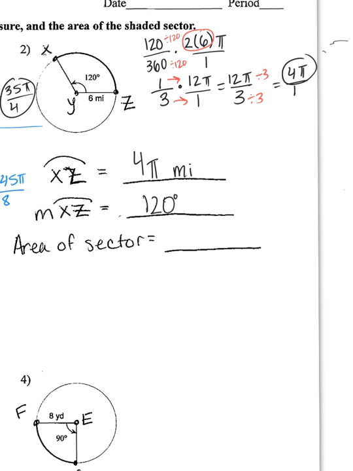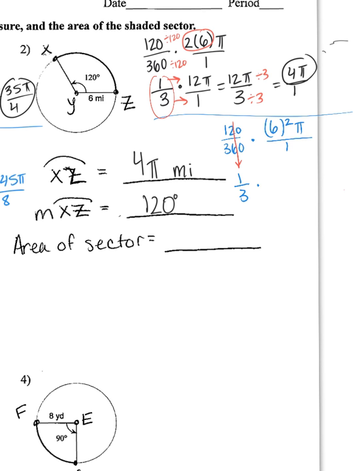And finally, I'm asked for the area of the sector, so I'm going to do central angle divided by 360 times the area of the circle, which would be 6, or the radius, squared times pi. Again, very similar to the first one, but just a tiny bit different. I know that the first one reduced to 1/3, so I'm going to go ahead and reduce this guy to 1/3.